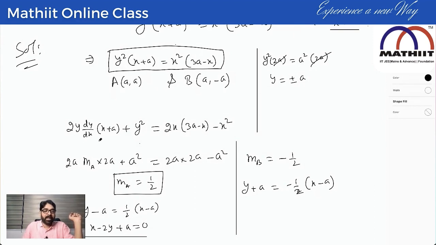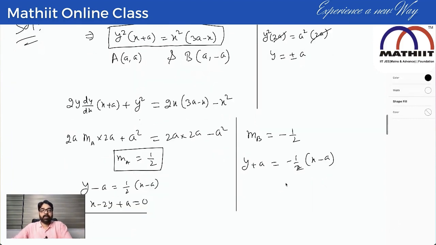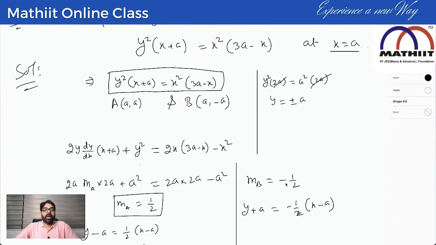Now I am putting the point (a, a) here. So 2 into a into dy by dx at (a, a), it will become slope at A into 2a plus a squared equal to this. And then just calculation: 4a squared minus a squared is 3a squared, a squared will go, 2a squared. And this is m_A into 4a squared. So m_A equals 1 by 2. Right? Can we go ahead?